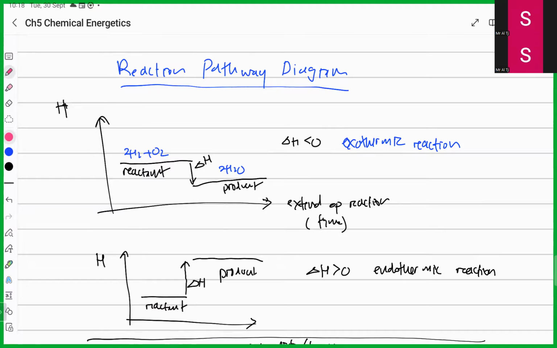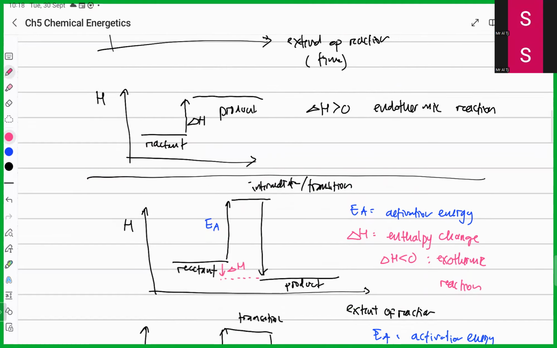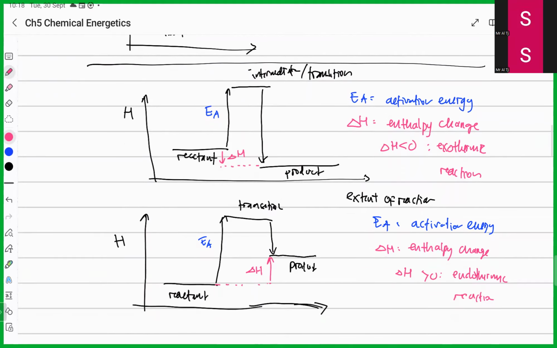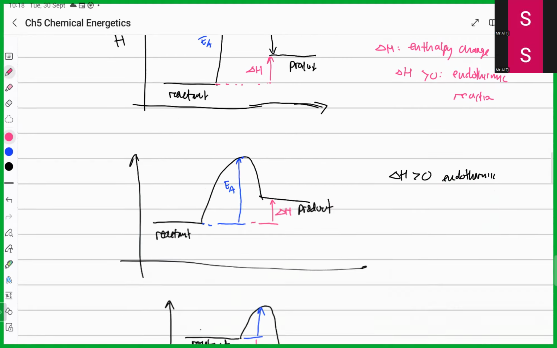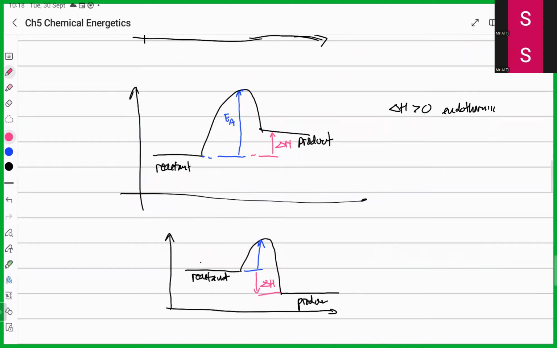The simple one only depicts the reactant and product, while the more detailed one has the transition or the intermediate. The transition or intermediate is sometimes given as a level, or it can also be given just as a point, because this happens only in a very short time.